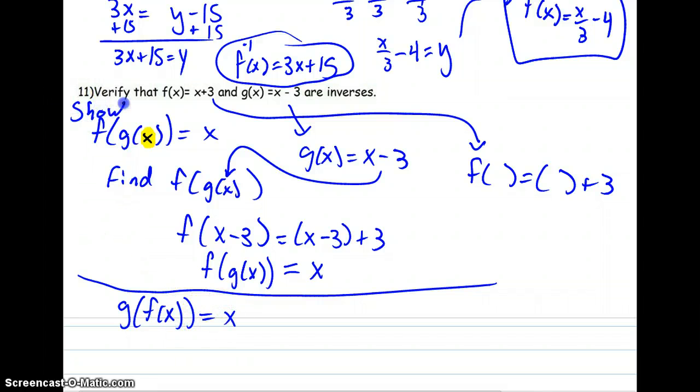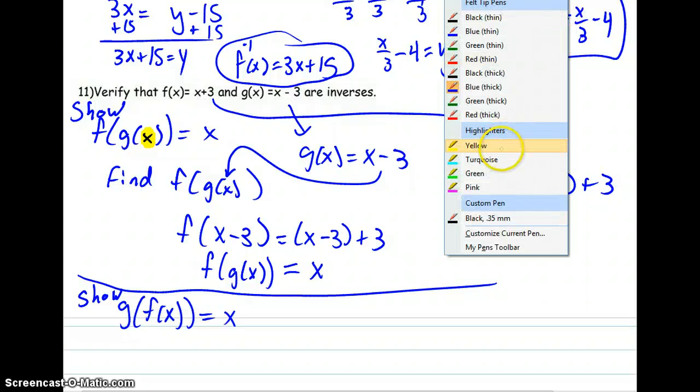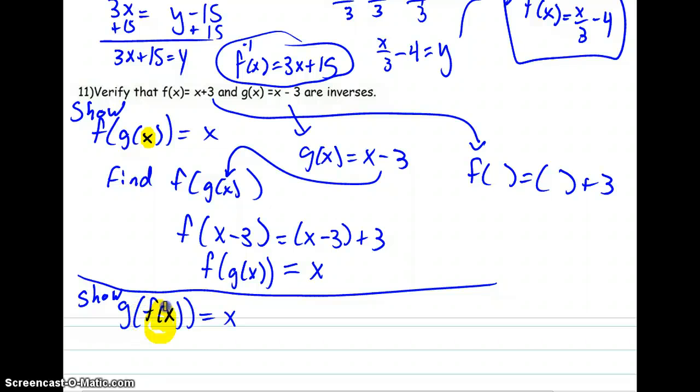We're really not going to do this, but I did just want to address, at least here, what is happening. You're showing that f and g are doing opposite work. They're canceling each other out. So for f of x, you can see that's where we're going to have to start. f of x, we saw up above, is x plus 3.